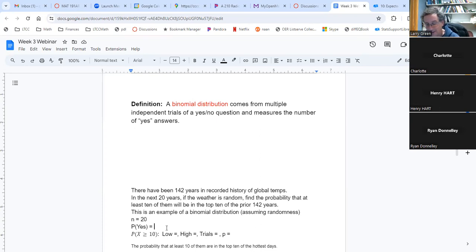Yeah, 10 divided by 142. Because there's 142 years you're looking at, 10 of those are in the top 10. Do you see how that works? Okay. We want the probability that at least 10 of them are in the top 10. So we want the probability that X is greater than or equal to 10. Any questions on that?